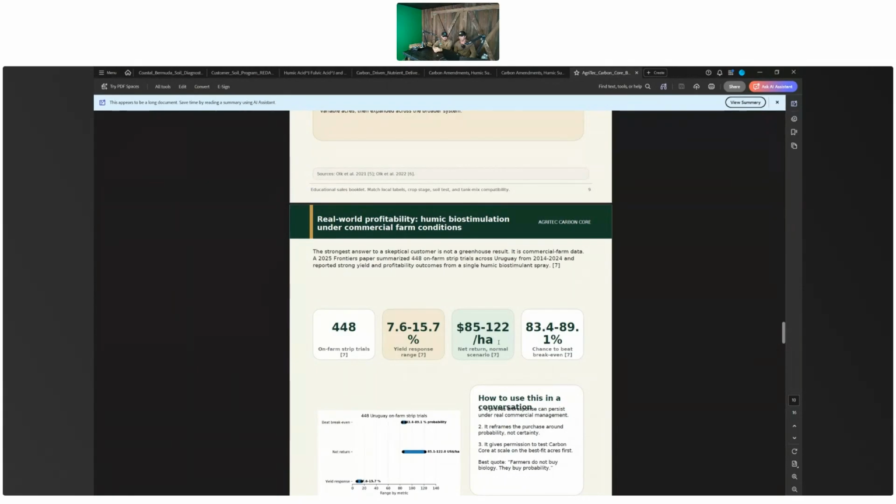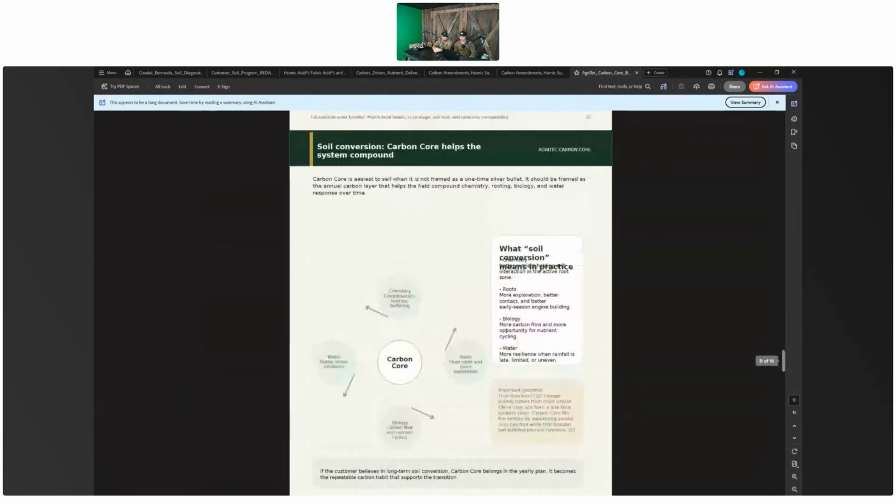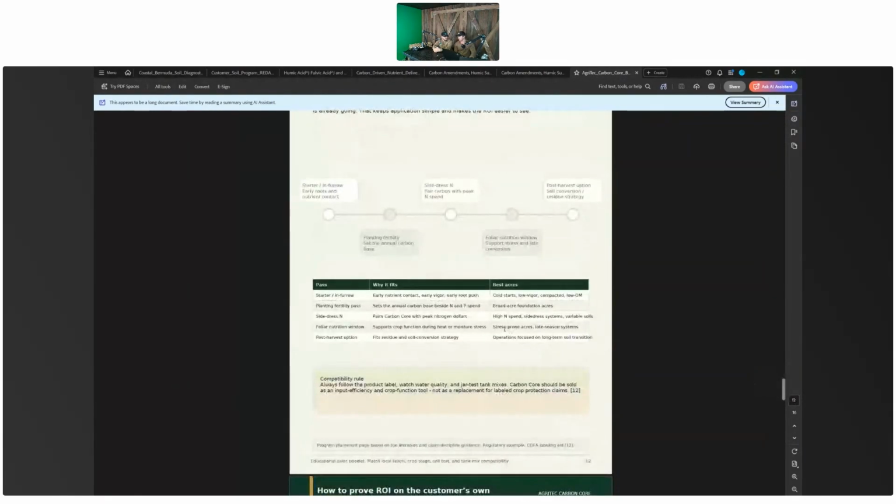That's a heck of a return. Or $10 to $20 per hectare if you're farming on hectares, and almost 90% chance of at least breaking even when using carbon in a system, which is one of the highest break-even odds I've ever seen out of a nutrient.